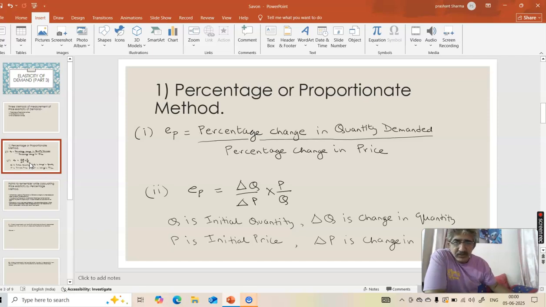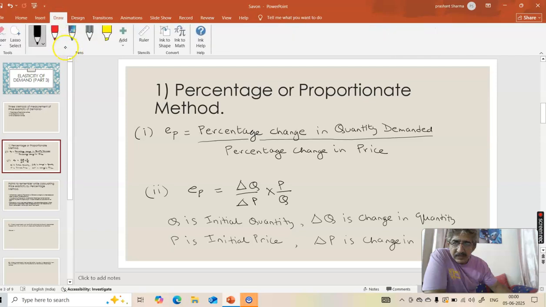Okay, so first is percentage or proportionate method. As you can see, there are two formulae for this basically. The second one has been derived from the first one only. So EP, as I told you in the earlier video, stands for price elasticity of demand.